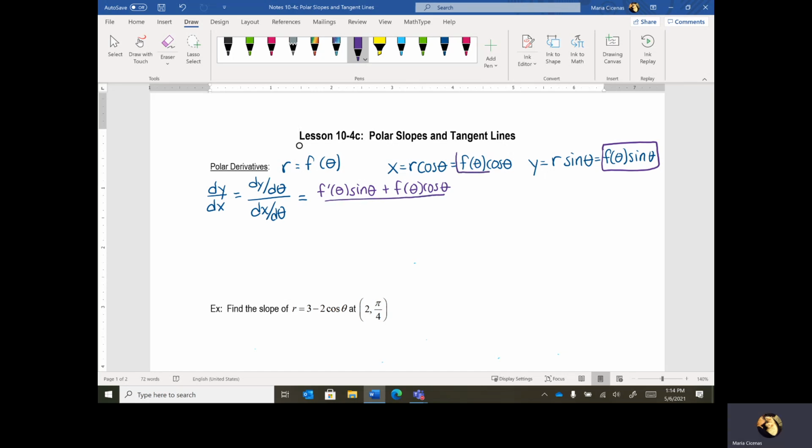And then I will find the derivative of my x with respect to theta, again applying the chain rule. Now, because the derivative of cosine is negative sine, I'm going to go ahead and change my sign in front of sine.